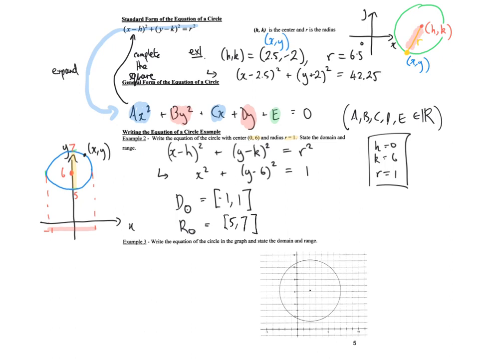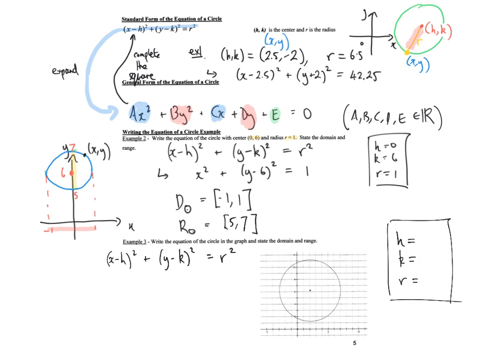For the final example on this page, let's have a look. We're being asked to write the equation of the circle in this graph and state its domain and range. Well, we've seen standard form for a circle is x minus h squared plus y minus k squared equals r squared. So we need to make sure that we extract h, k, and r from this graph of this circle.